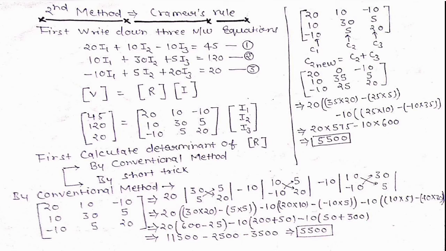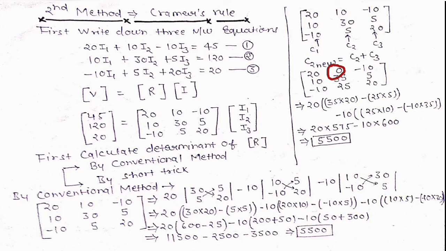When we add C2 plus C3, we get a new C2 value. Here you see 10 plus minus 10, that means you will get the 0 value, and here is 35, 25. Because of this 0, the calculation is more easy.